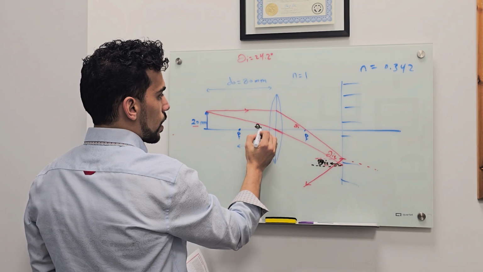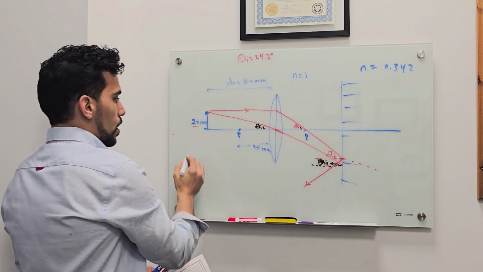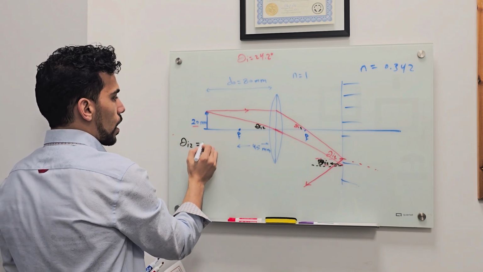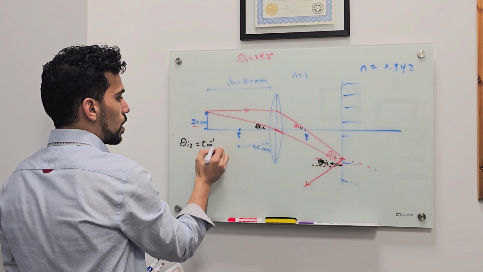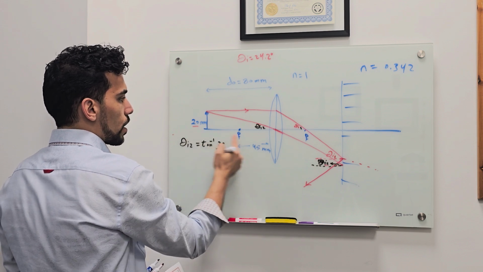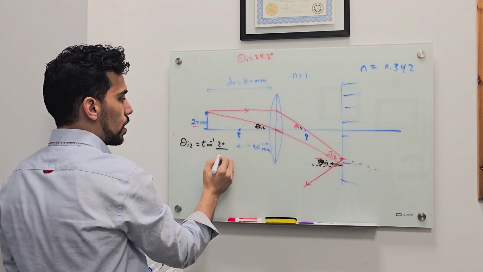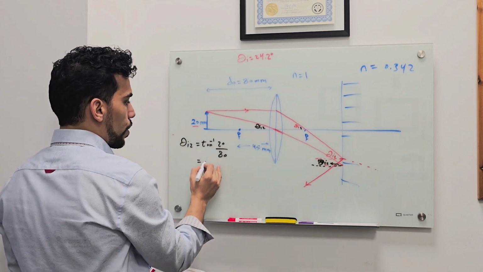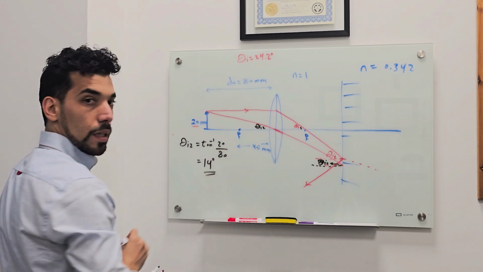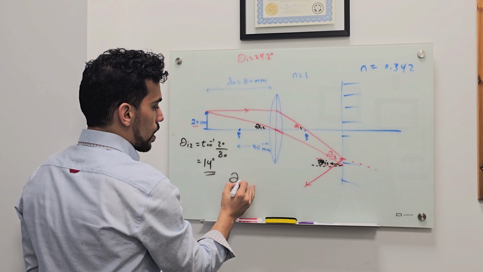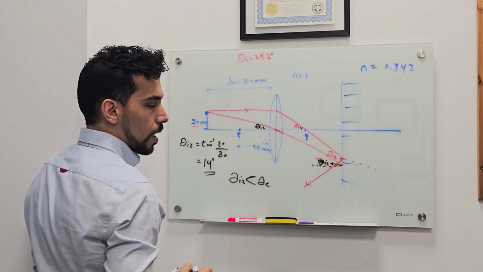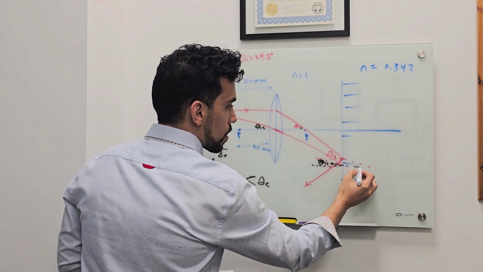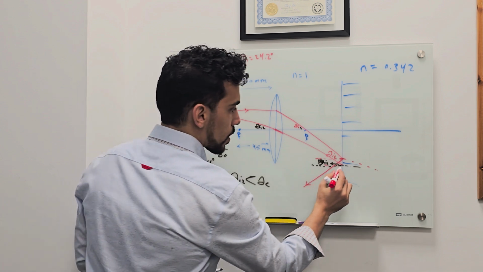So theta incident 2 is equal to tan inverse of the height, which is 20, over the full length here, which is 80. This means theta incident 2 is equal to 14 degrees. So theta incident 2 is less than theta critical, and that means we have a refracted ray. So this ray is going to be refracted inside the new material here.